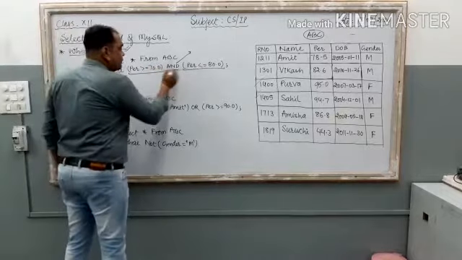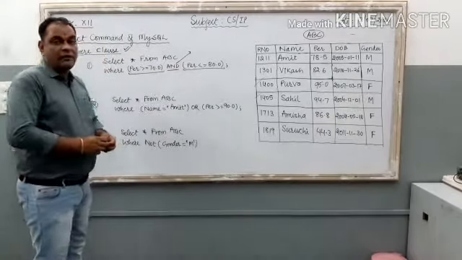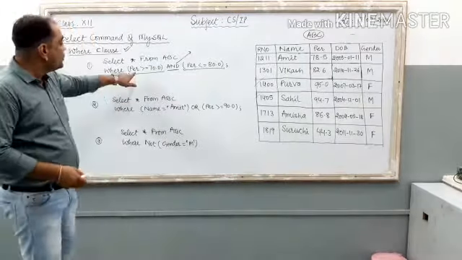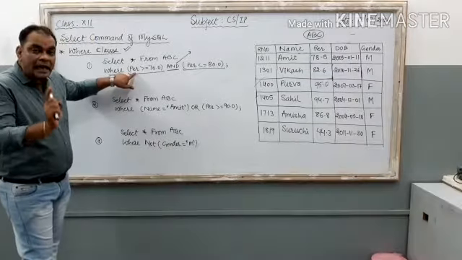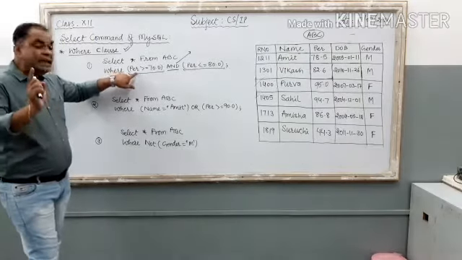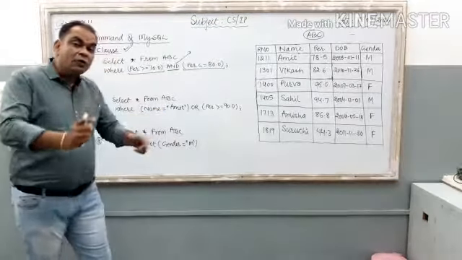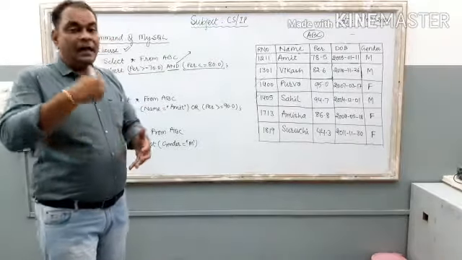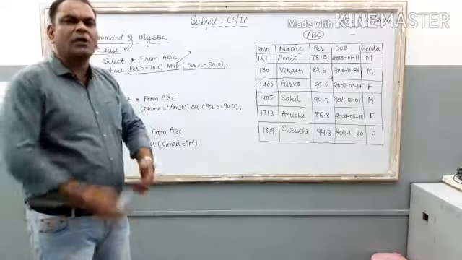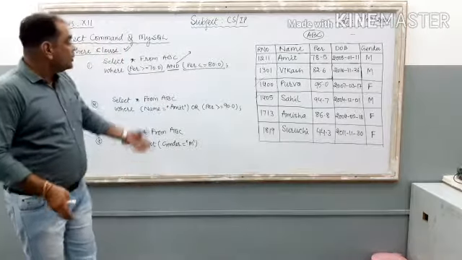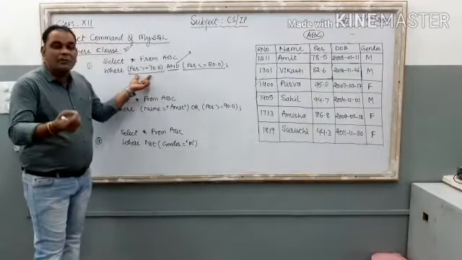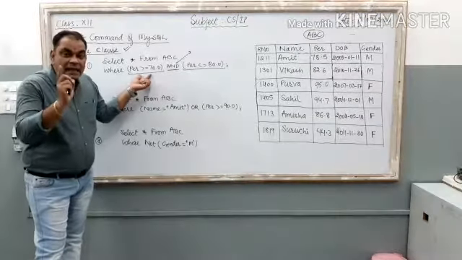Now, two different conditions are there in MySQL. If you produce a condition, you should write the name of the column in each and every condition. Again, just listen carefully. If you want to produce a condition in MySQL or in Python or whatever language you are using, you write the column name or variable name with each and every condition.